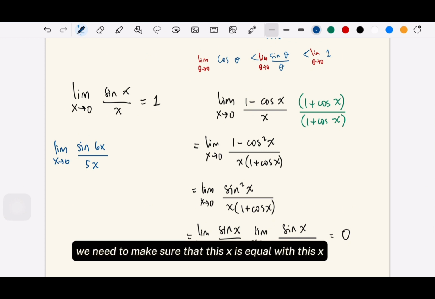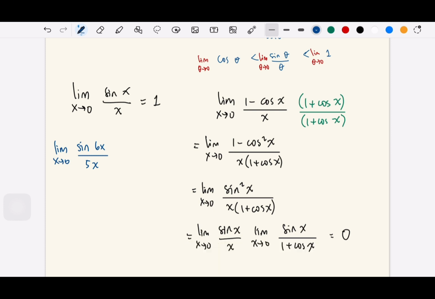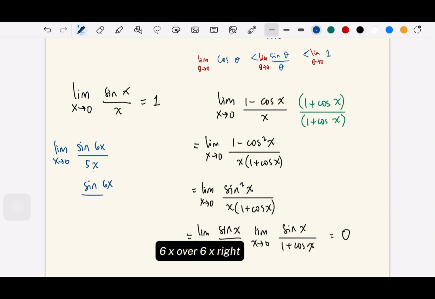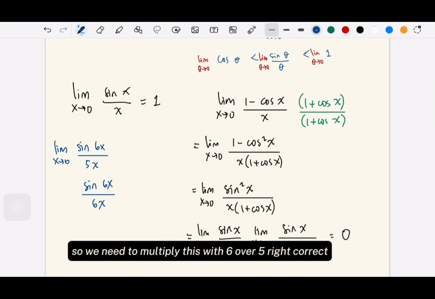Remember, we need to make sure that this x is equal with this x. So we need to multiply with 6x over here, right? So we need to make sure that we have, let me write here, sine 6x over 6x, right? So we need to multiply this with 6 over 5, right?